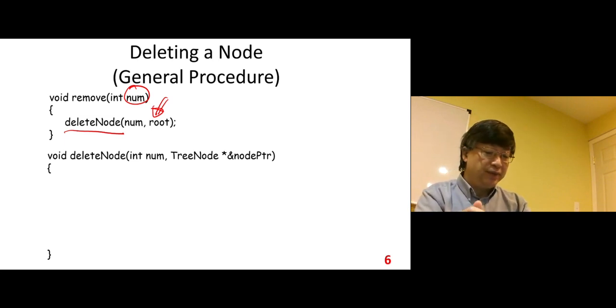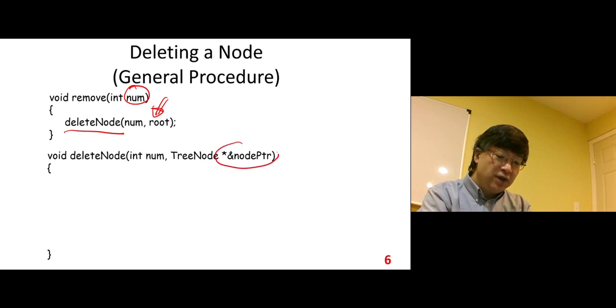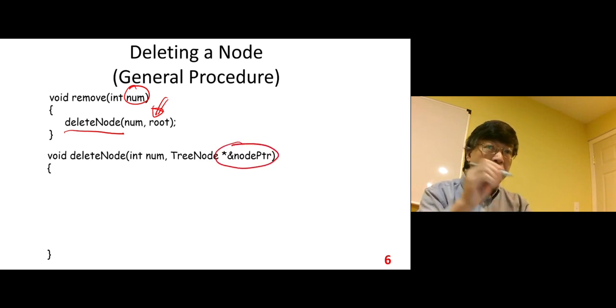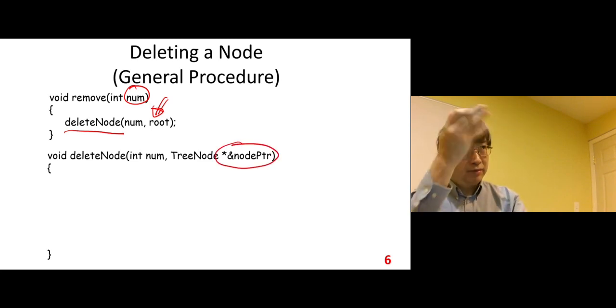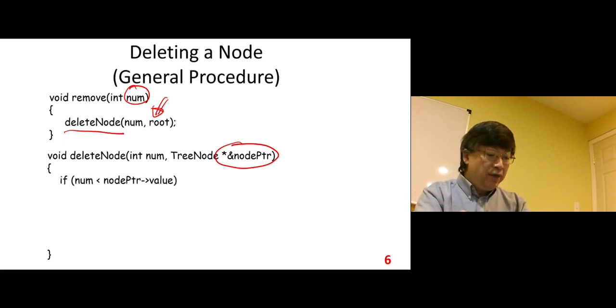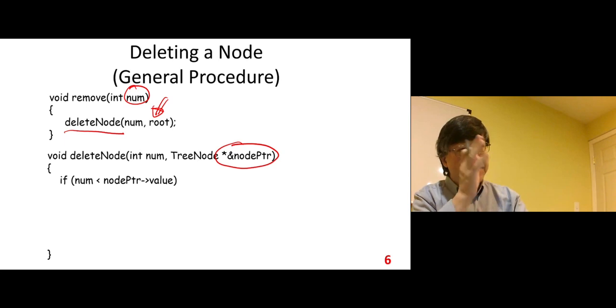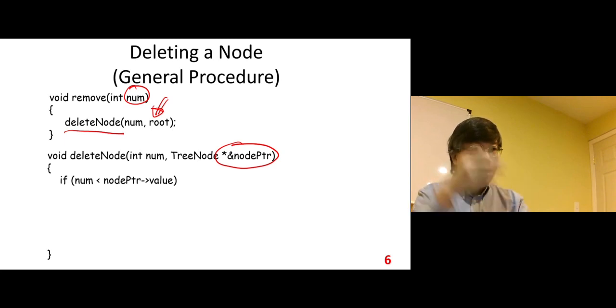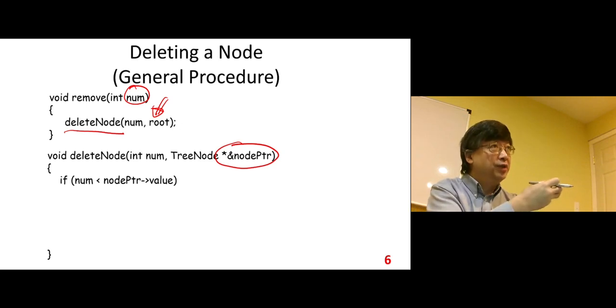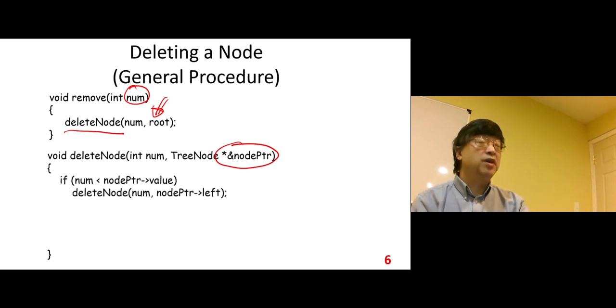Suppose this is the root node of the current subtree. So we start from there. Then we check the value. If the given key is less than the value of the root node, we should do the deletion operation in its left subtree. So we call it recursively. So go to the left subtree, do recursion.